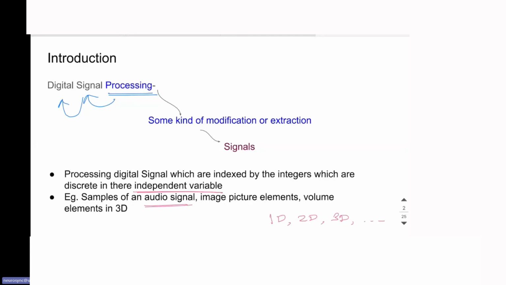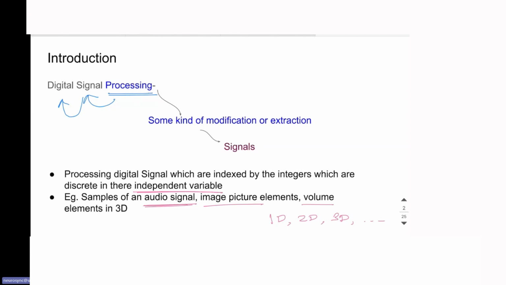But we are all familiar with the audio signal, then image pictures, which are 2D signals. Then we can talk about video or volume elements, which are in 3D form. Again, there are many higher dimensional forms where we can apply this processing.